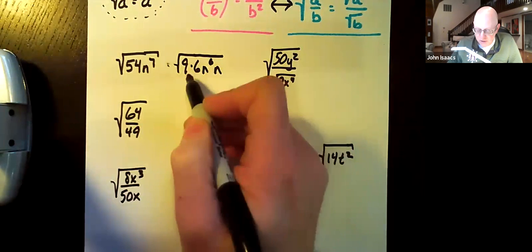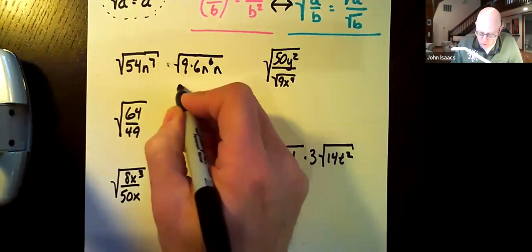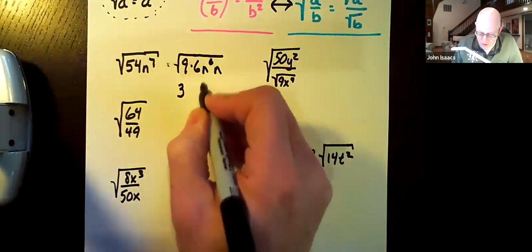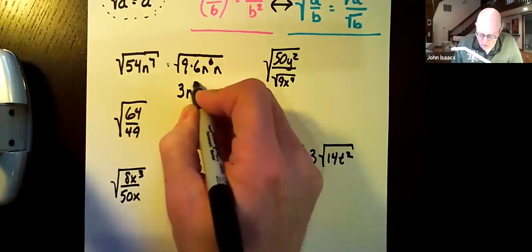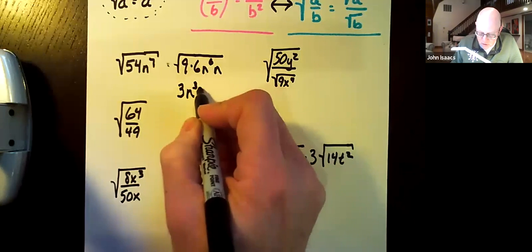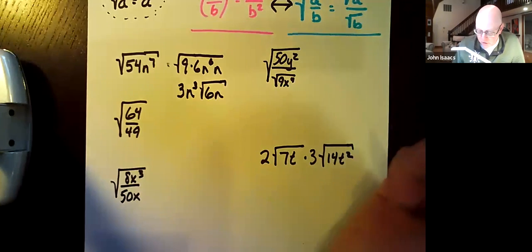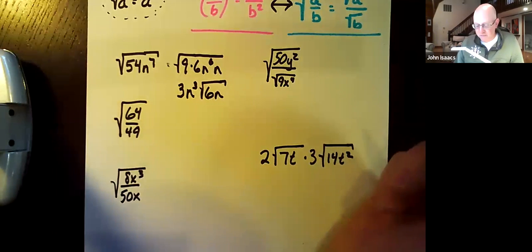So then we can take out the 9, and we can take out the n to the 6th, and we wind up with 3 on the outside, and n to the 3rd on the outside. That's the square root of 9. That's the square root of n to the 6th, leaving 6n on the inside of the radical. And we're done simplifying that radical.